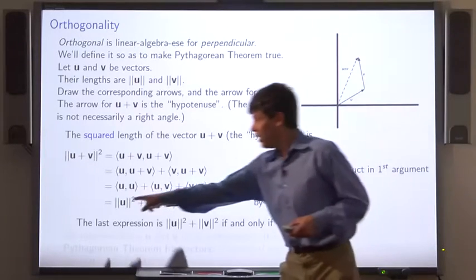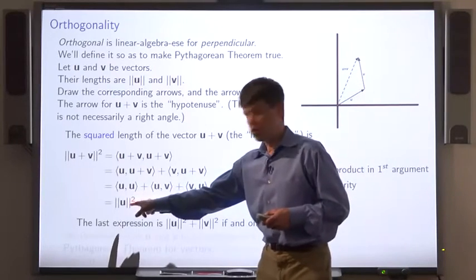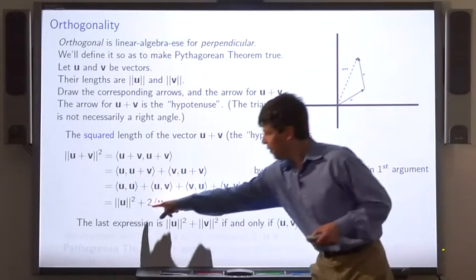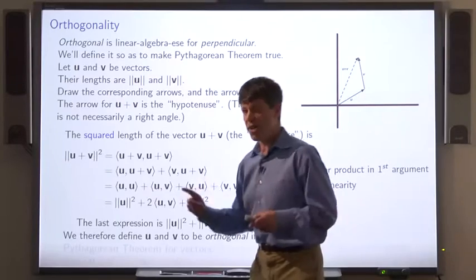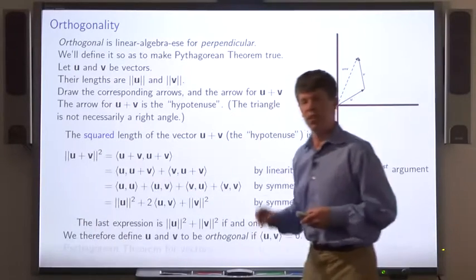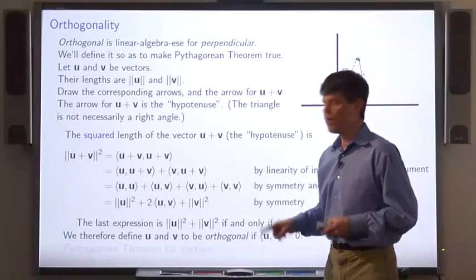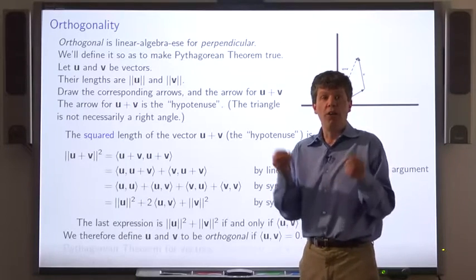Now, this last expression is equal to norm of u squared plus norm of v squared if and only if this term is 0. We want the norm squared of u plus v to be equal to the norm squared of u plus the norm squared of v if and only if the vectors u and v are orthogonal.